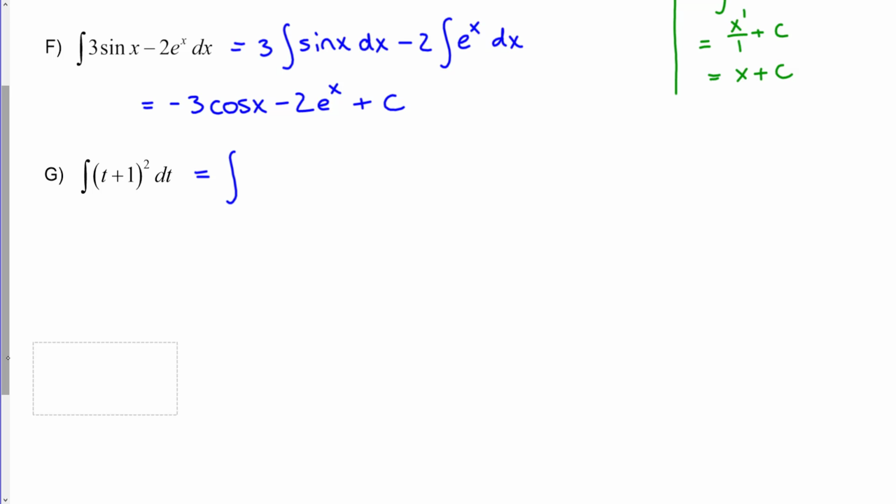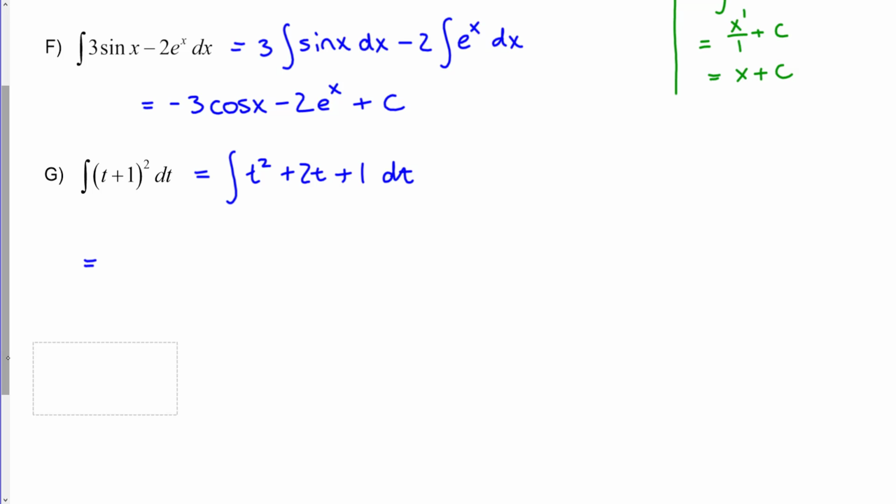So for instance, the quantity t plus 1 squared is t squared plus 2t plus 1 dt. And now this is a polynomial, and I can find the antiderivative term by term. And instead of splitting this up into 3 separate antiderivatives, I'm just going to go through one by one.